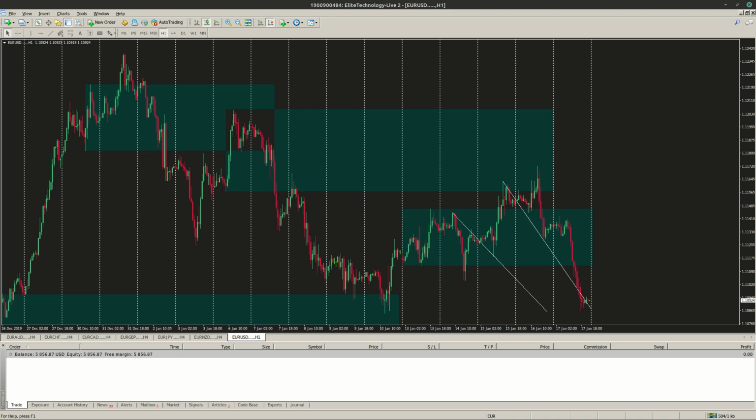So what led to that 600 pip rally? What led to almost an 800 pip rally from this level here? Is that something you could have known about, and taken advantage of at a very early stage? My answer to all of these questions is yes, you could have known.